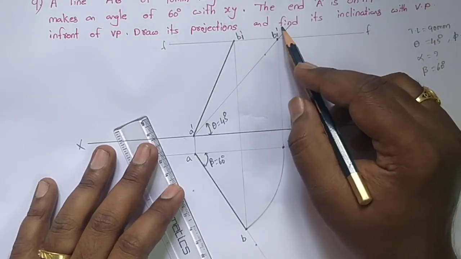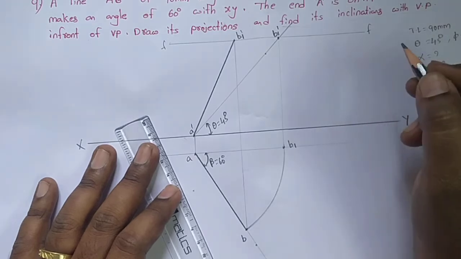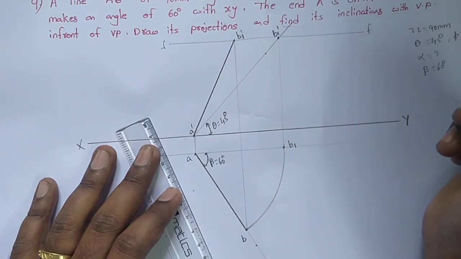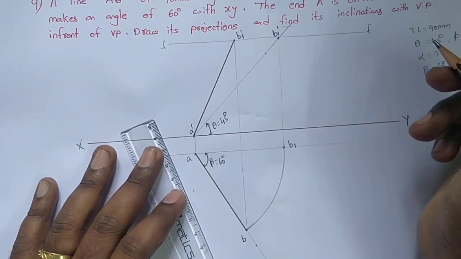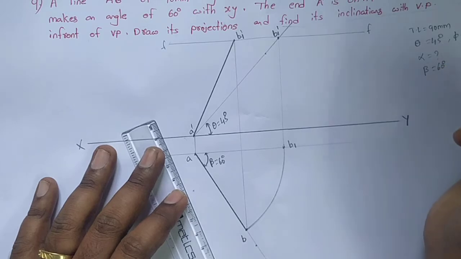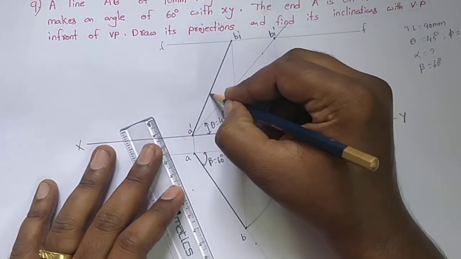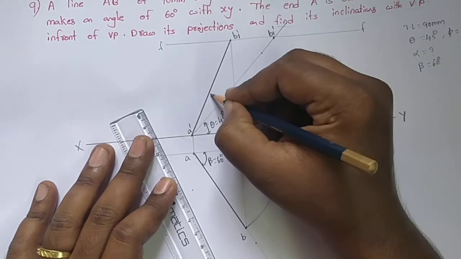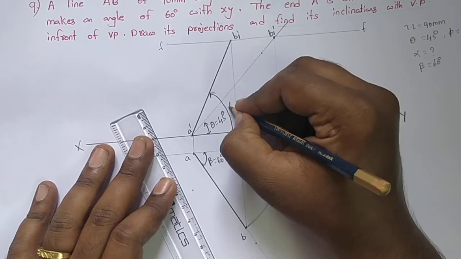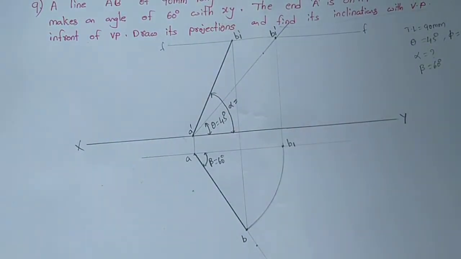In the problem they also ask for its inclinations with VP, so we need to calculate the inclinations. Now we have completed that. Next we need to find the inclination with the horizontal plane.